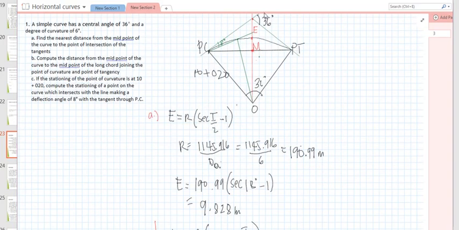Okay, so this 8 degree deflection angle, so angle here is twice of this deflection angle, so that is equals to 16 degrees. So kini atong ginapangita sa letter C, stationing of this point on the curve which intersects with the line making a deflection angle of 8 degrees with the tangent through PC.